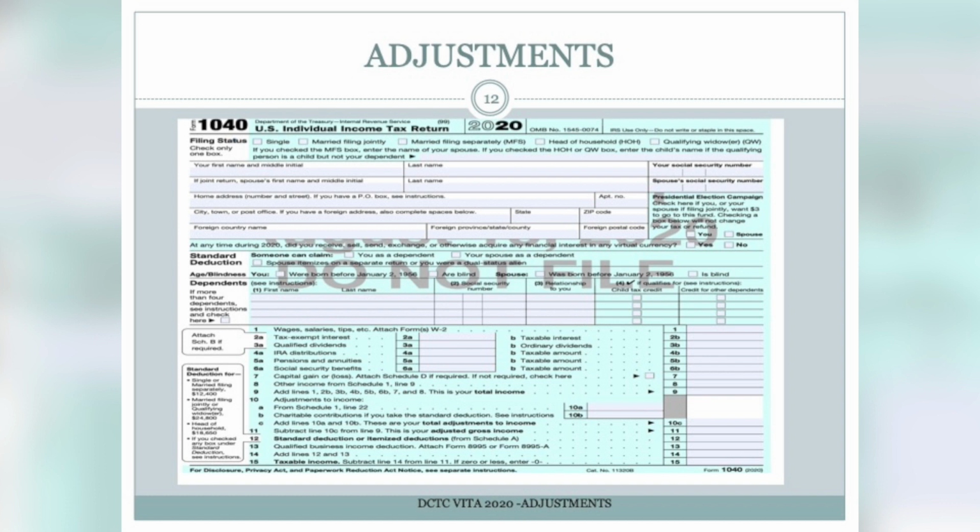Line 13 deals with an automatic calculation in TaxSlayer software based upon the business income already reported. Line 14 totals lines 12 and 13. This again is an automatic TaxSlayer software calculation. Line 15 now is taxable income. Here we've subtracted line 14 from line 11, adjusted gross income.